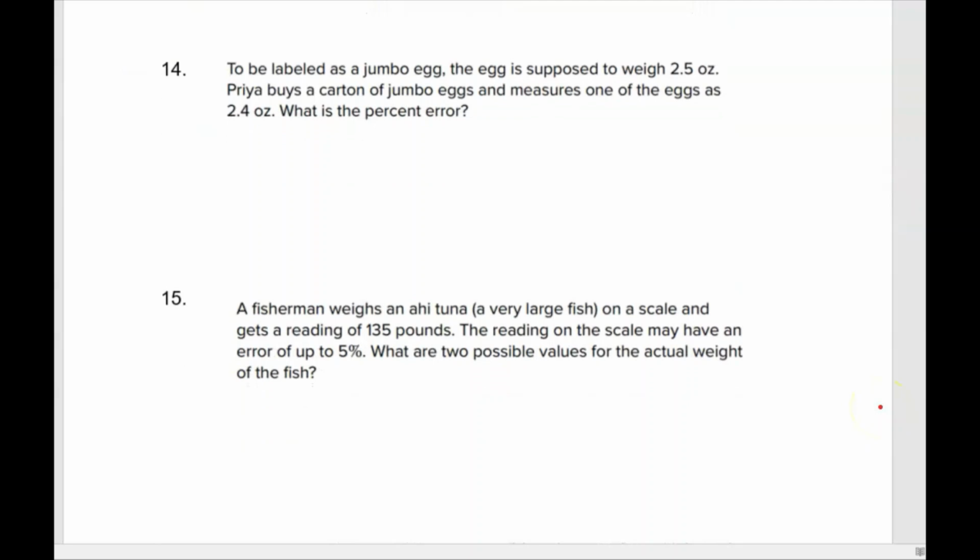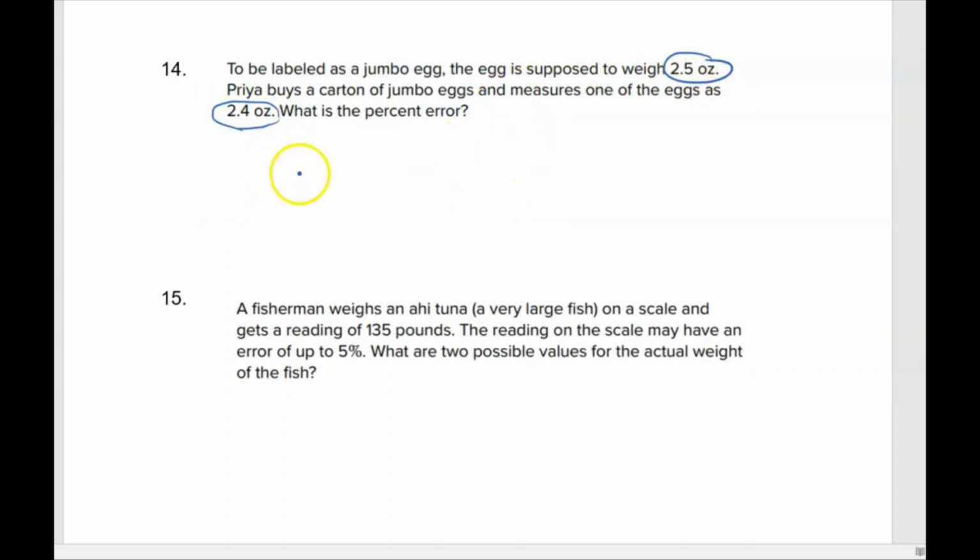Number 14 reads, to be labeled as a jumbo egg, the egg is supposed to weigh 2.5 ounces. Priya buys a carton of jumbo eggs and measures one of the eggs as 2.4 ounces. What's the percent error? So the first thing is to find the measurement error. How many ounces is this egg off of what it should be?